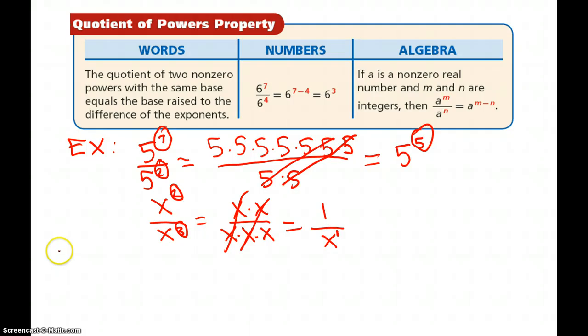This will be rule number 6, and this will be quotient of powers.